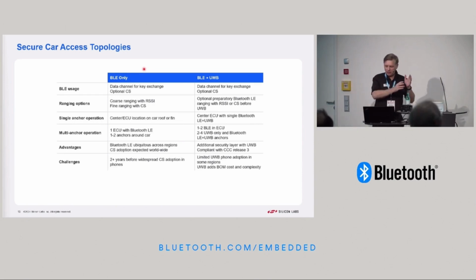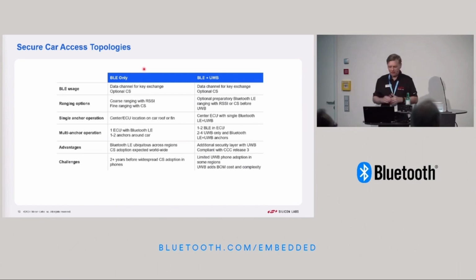So in the BLE only use case, the Bluetooth Low Energy anchors and the key fob or the phone are used for the data channel to perform authentication, but it's also used for channel sounding optionally. Could be using RSSI, or more likely we'll be using fine ranging with channel sounding.